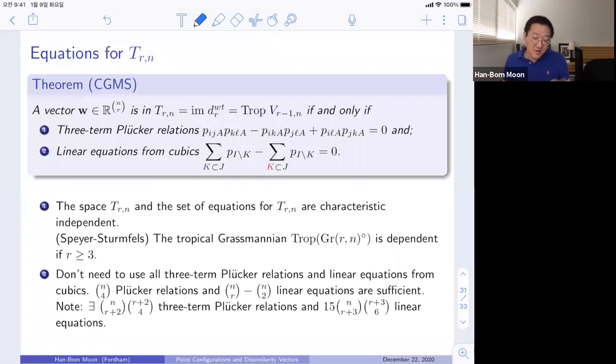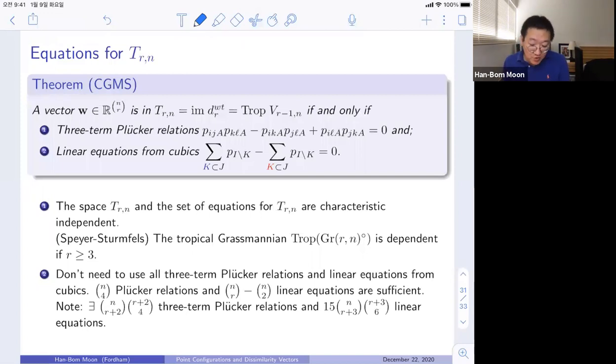So, two key remarks. First of all, the space TRN, the image, and the set of equations are characteristic independent. There is absolutely no role of the characteristic of the base field. On the other hand, it is well known that the tropical Grassmannian is dependent on the characteristic when r is n with 3. And if you really want to do some practical computation, then we don't need to use all Plücker relations and linear equations.